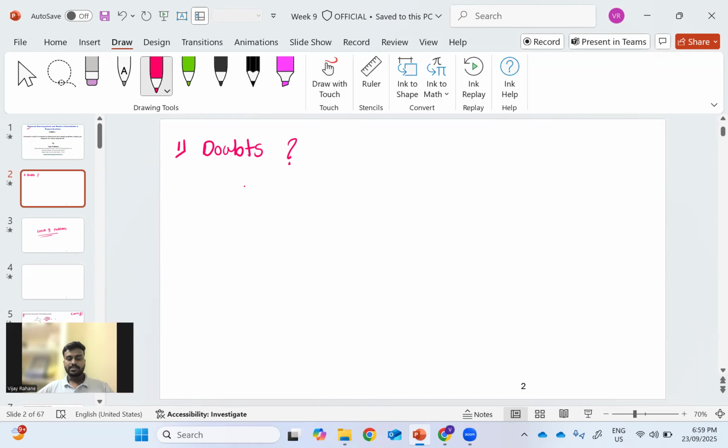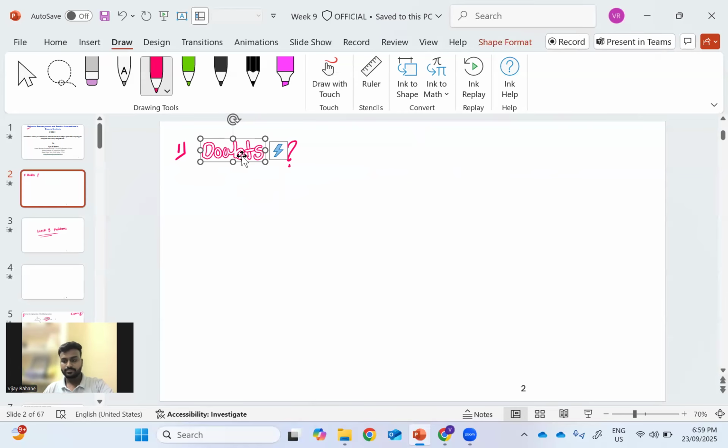So basically, in week 9 we have covered the reduction of carbonyl compounds. Regarding this, do you guys have any doubt?